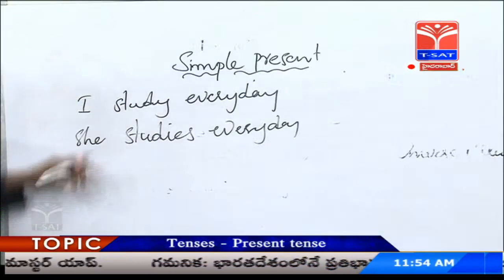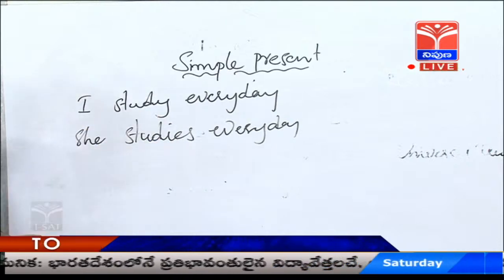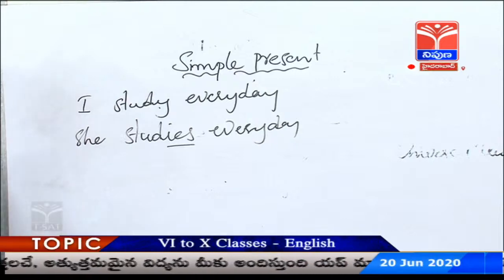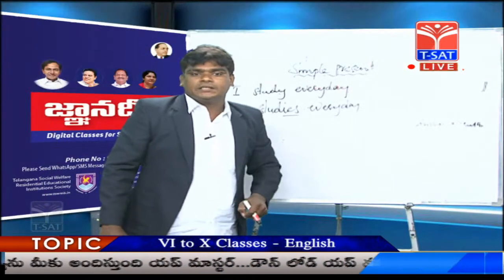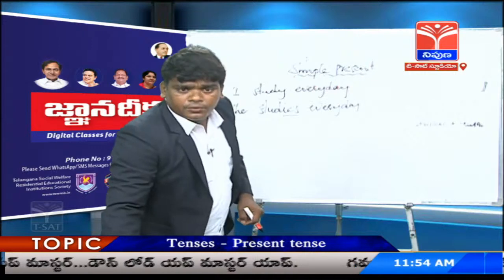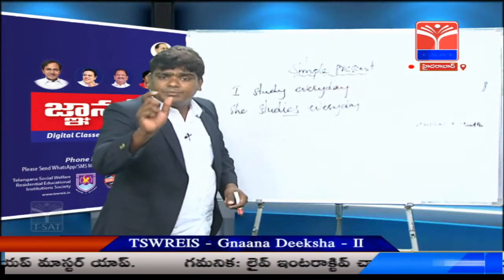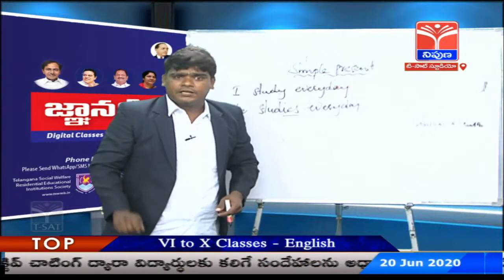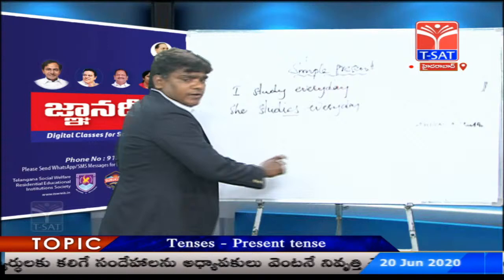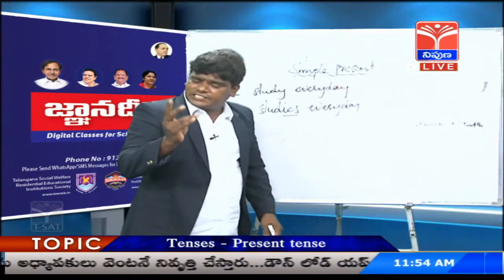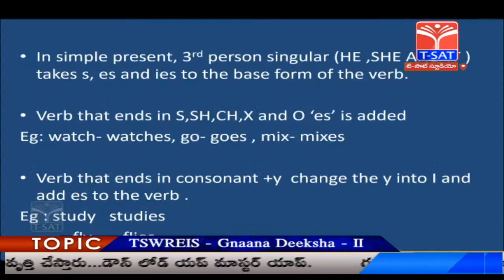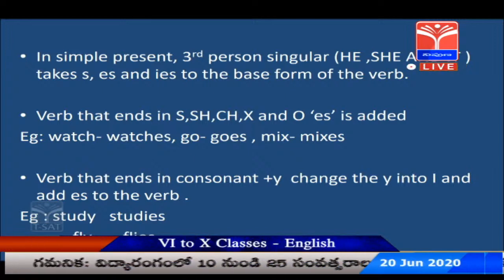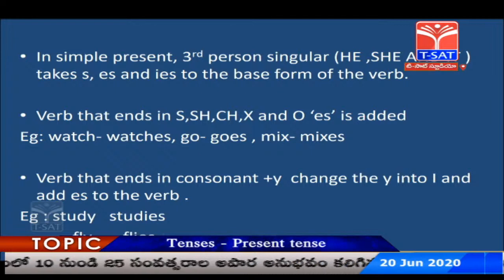See the difference here? I study and she studies. We added ies here and it is only y here. Why? This is the question you need to ask. See, in simple present for third person singular, he, she, it, when the verb ends with s, sh, ch, x or o, we need to add es for that.